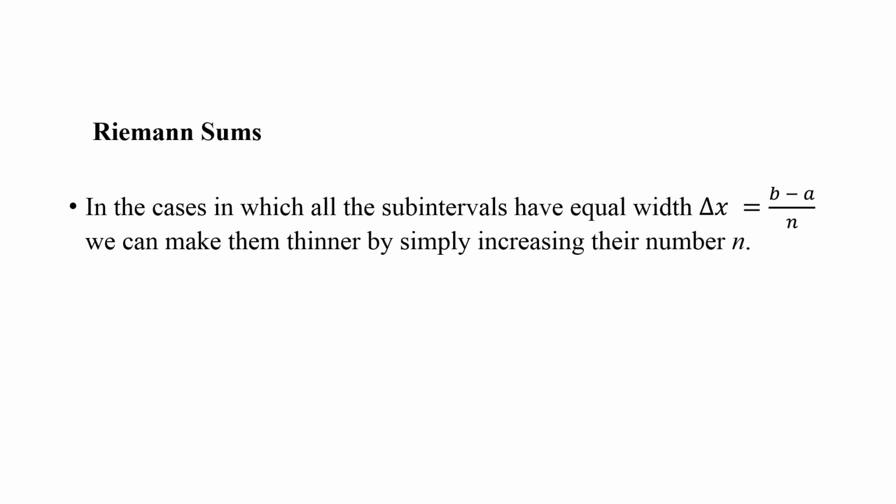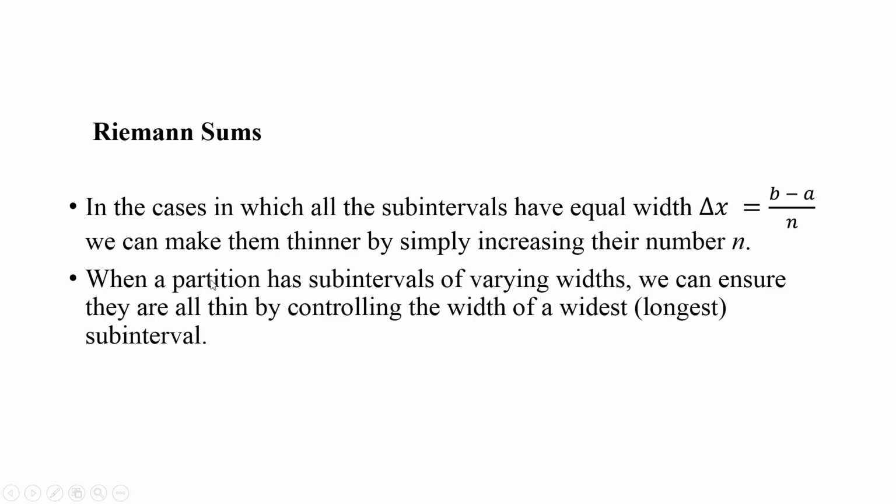Okay, in the cases in which all the subintervals are equivalent, that is delta x is equal to (b minus a) over n, we can make them thinner by simply increasing their number. We have already seen this. When a partition has subintervals of varying widths, we can ensure they are all thin by controlling the width of the widest, longest subinterval.